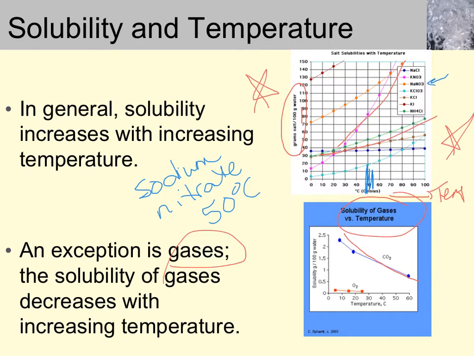Here's sodium nitrate. It's red or orange, I guess. Go up the 50 degree line till you get to sodium nitrate. And what is that solubility? I would estimate about 112 grams of sodium nitrate can dissolve in 100 grams of water.